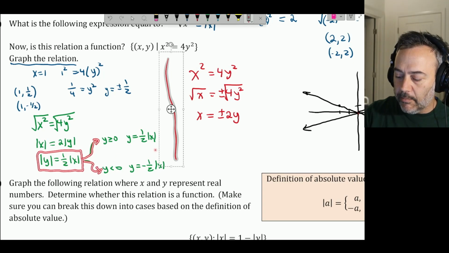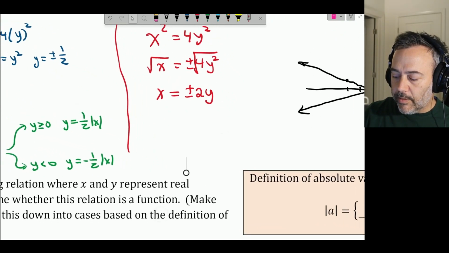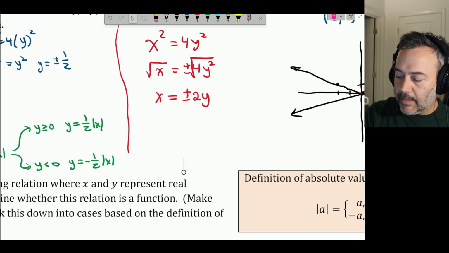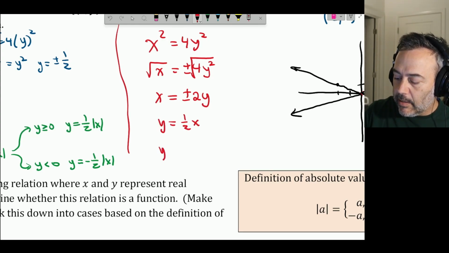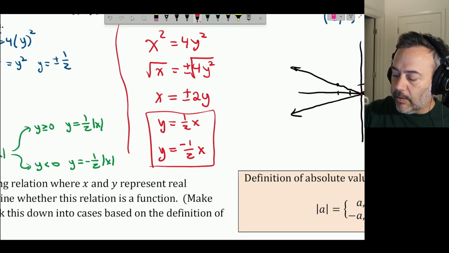Do you see how we end up with the exact same graphs? We will end up with the exact same graphs, but it looks a little different in this case. There's two cases here. So we would get y equals 1/2 x and y equals -1/2 x. And do you see that?